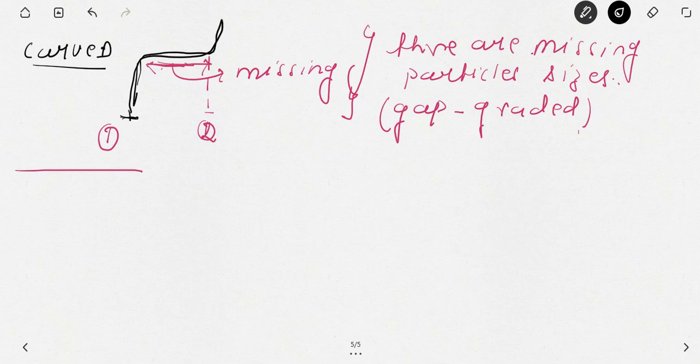And what is it? It is shape factor. Let us look into shape factor.